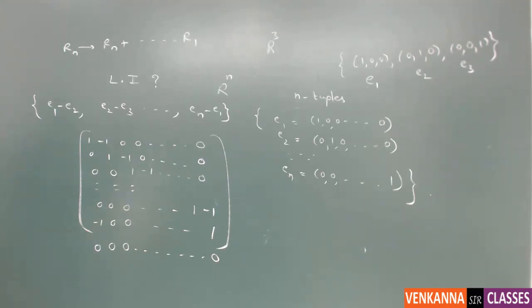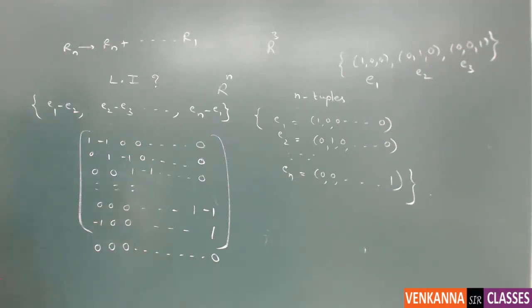Yes, it is not a spanning set because it is becoming independent. Please understand, a spanning set may be dependent or independent, that we won't bother about. If the vectors in the spanning set are independent, then it becomes a basis. So you cannot say that it is not a spanning set. It is a spanning set.